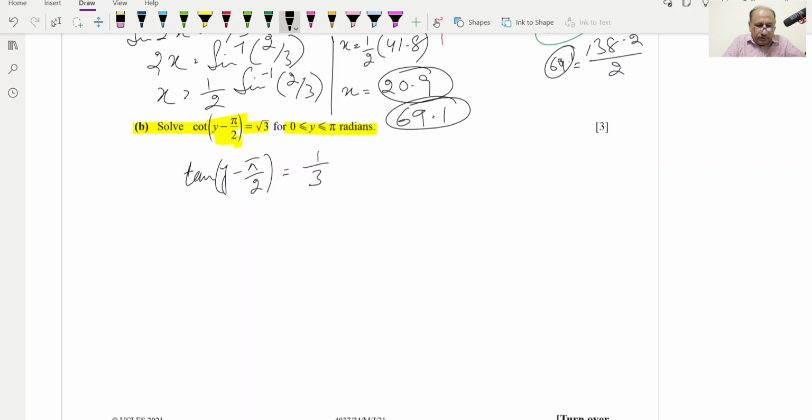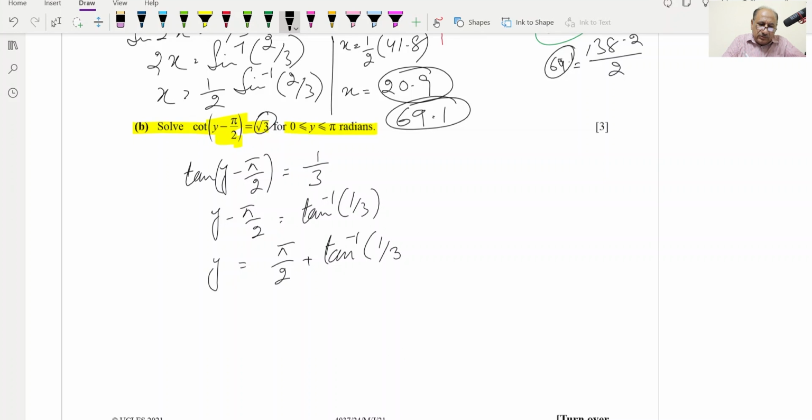So first we'll shift tan, so y minus pi by 2 will be equal to tan inverse of 1 by 3, and we can shift pi by 2 also, so y is equal to pi by 2 plus tan inverse of 1 by 3. We are missing something here: this is under root 3, we are taking 3, so we have to take the under root like this.